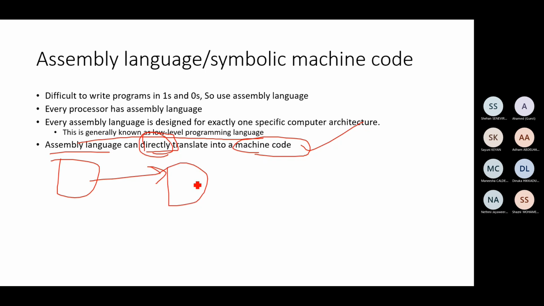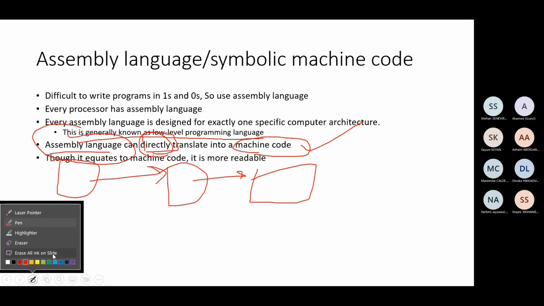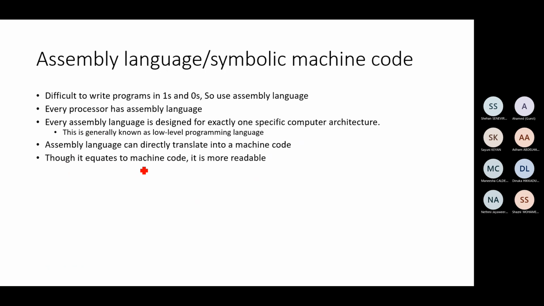This assembler directly converts it into machine code. It's a heavy work done by the assembler. So assembly languages are very good in that aspect because of the direct translation process. So it equals machine code. It's more readable.